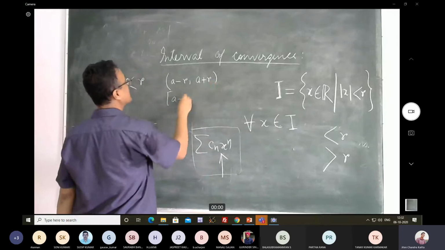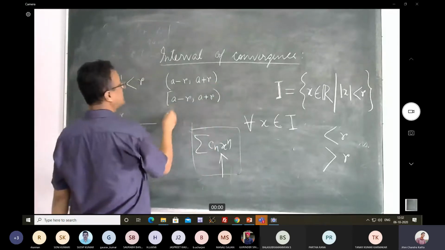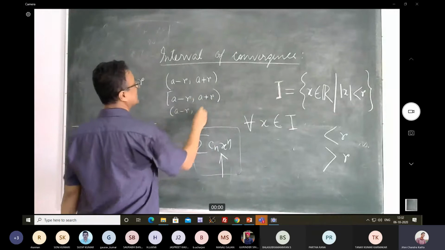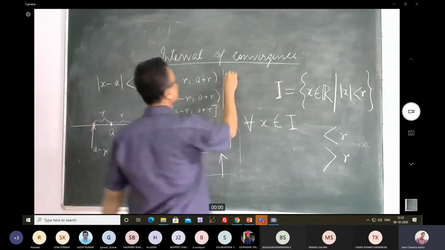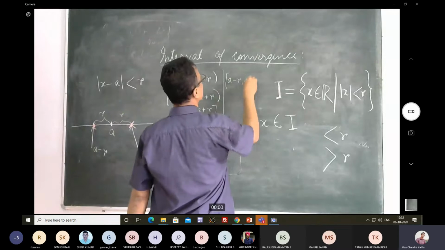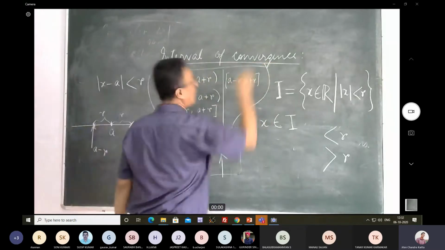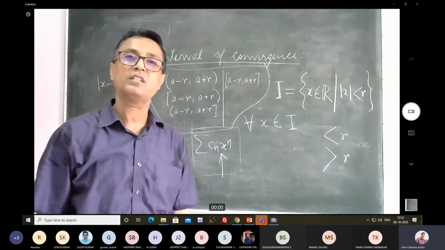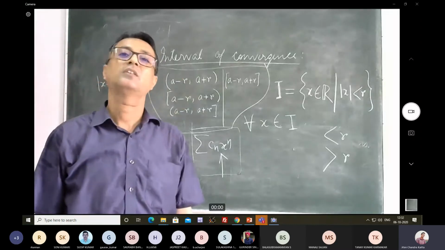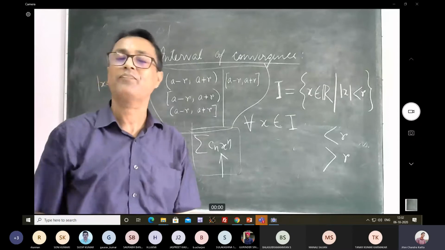Then it may be like this, it may be like this, or it may be like this. I may have all four possibilities. It may be convergent at both endpoints, it may diverge at both, or it may converge at either of them.